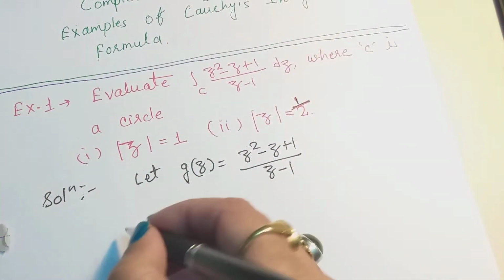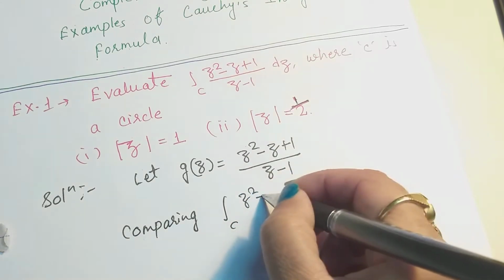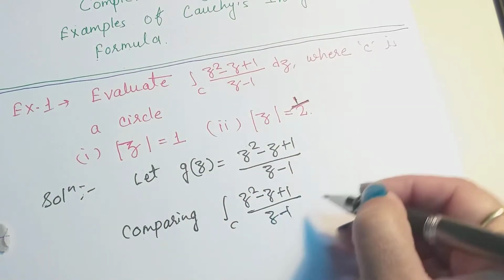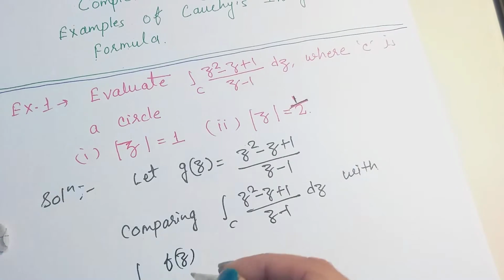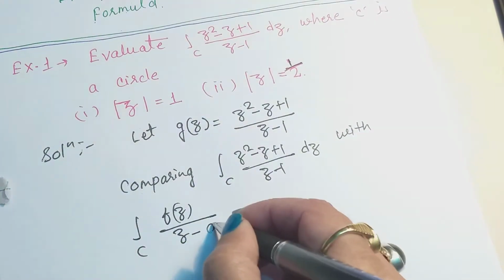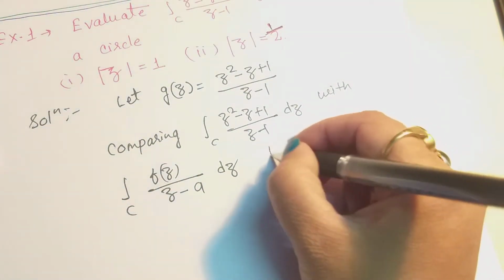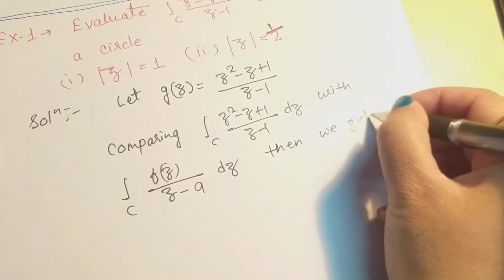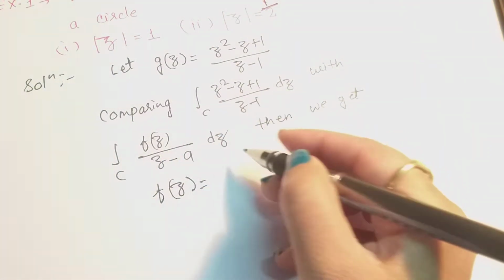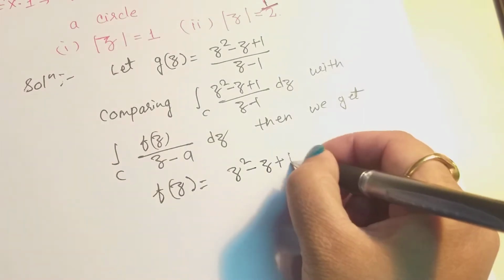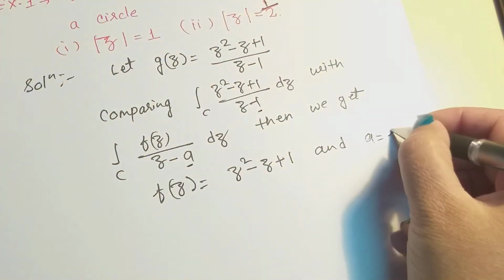Now comparing the integral of z square minus z plus 1 divided by z minus 1 dz with the integral of f(z) divided by z minus a dz, which we have seen in Cauchy's integral formula, we get f(z) is equal to z square minus z plus 1 and a is equal to 1.